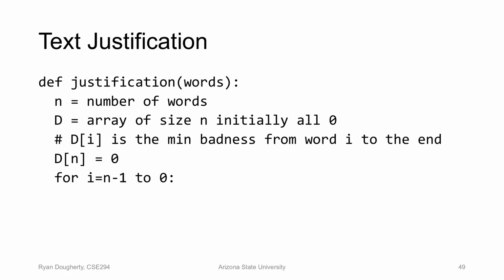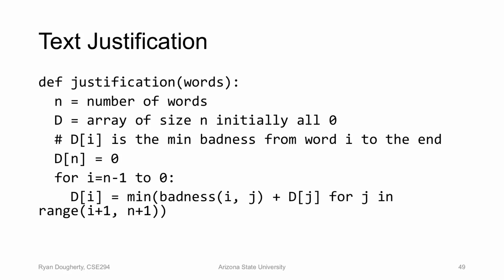So if I set it to 0 at the beginning, I'm going to do a bottom-up approach. From the n-1 word, I figure out the badness score of D of n-1. If I included the rest of the string, what is the badness score of that? It's essentially the minimum possible index for which I can include it on a line.